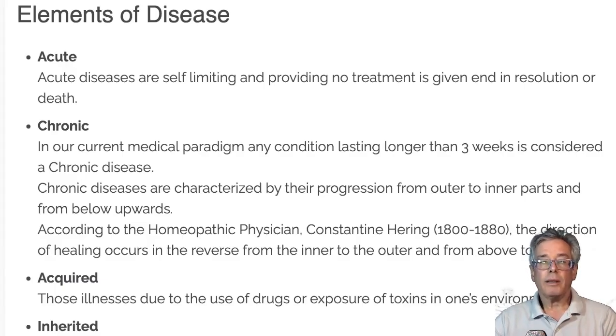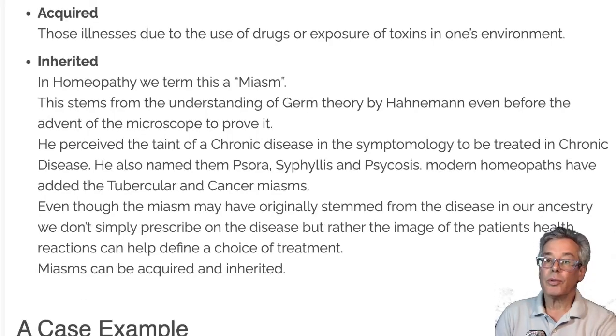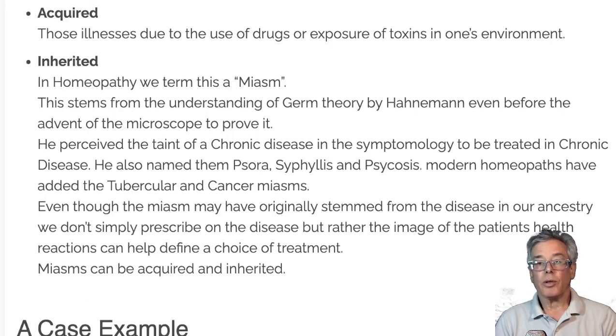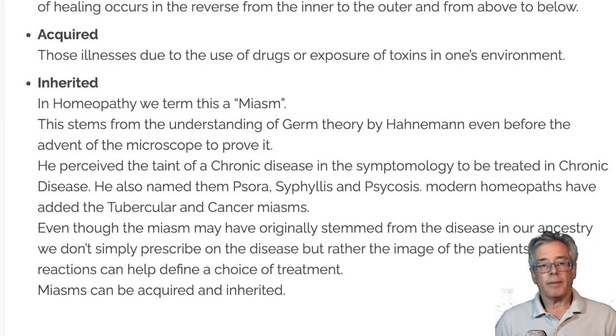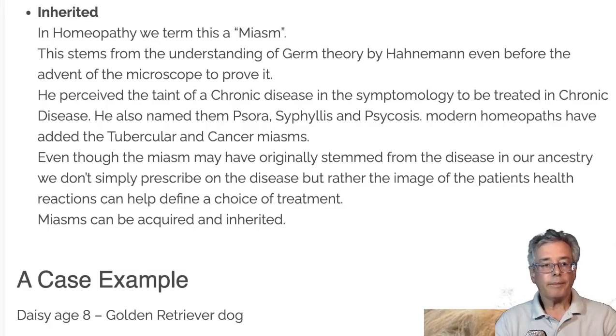We have acquired illnesses, those due to the use of drugs or exposure to toxins in your environment. And then we come to inherited. And we know about family history and its effect on our health as a precursor to the diseases that we can measure. Heart disease, ovarian cancer, and on and on.